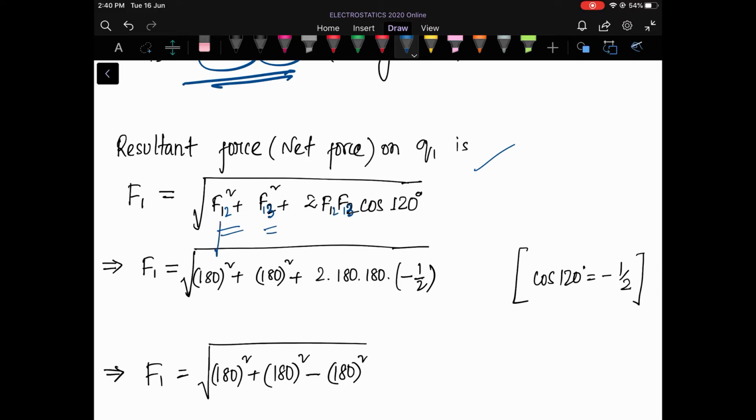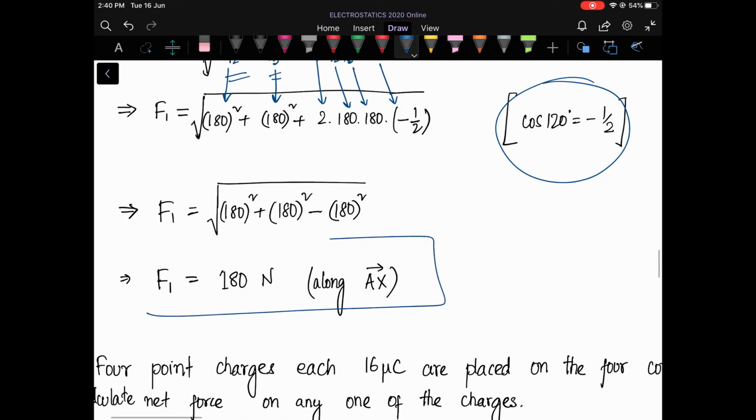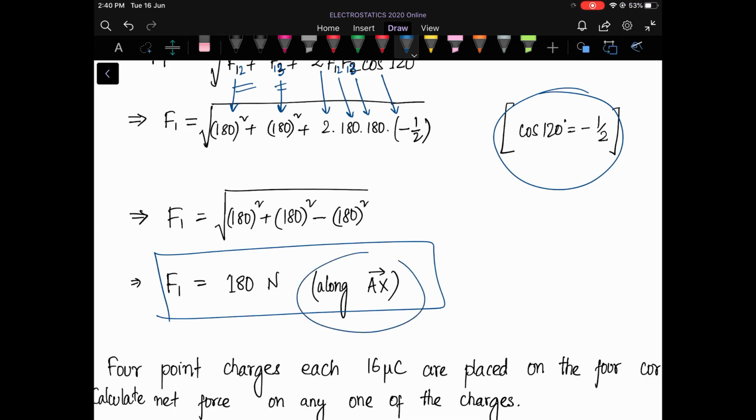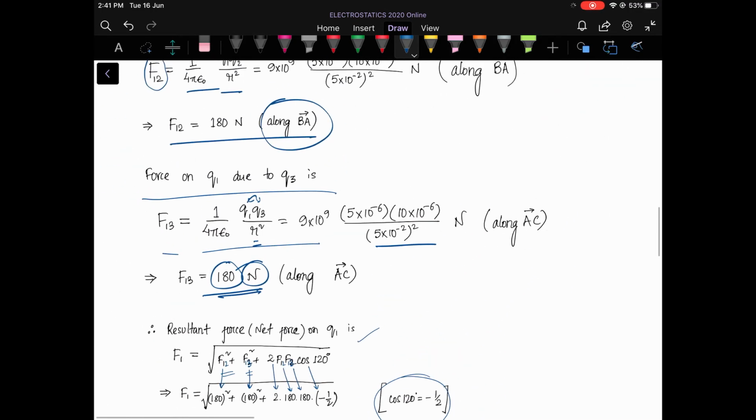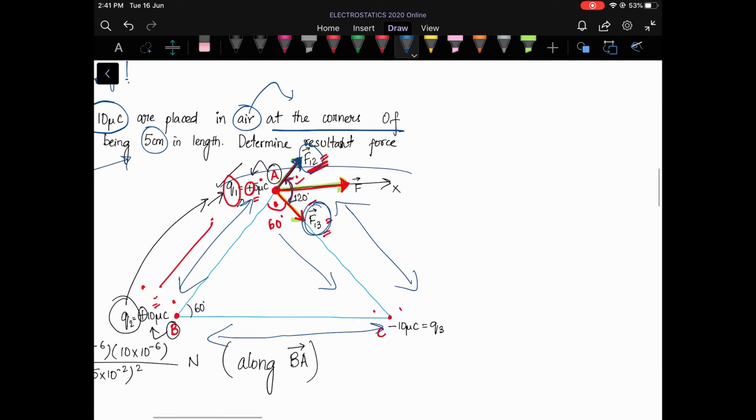When we do that, we have written here 180 squared plus 180 squared plus twice 180 into 180 and cos of 120 degrees. Cos of 120 degrees is minus half. On solving, we are going to get a total force of 180 newtons acting along a line which we have represented by AX. That is this.